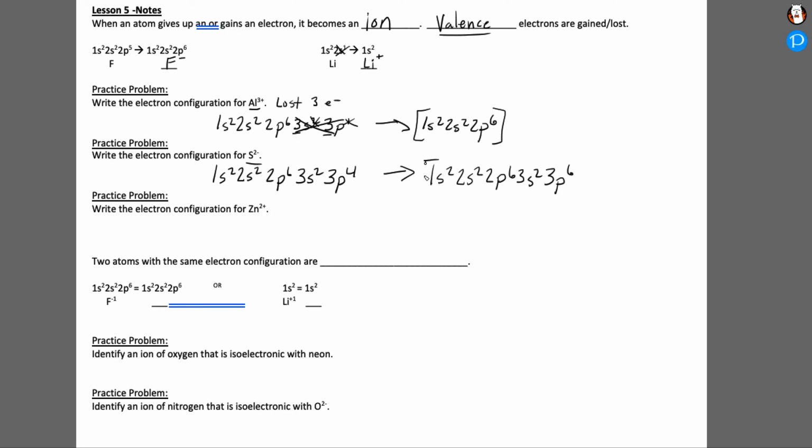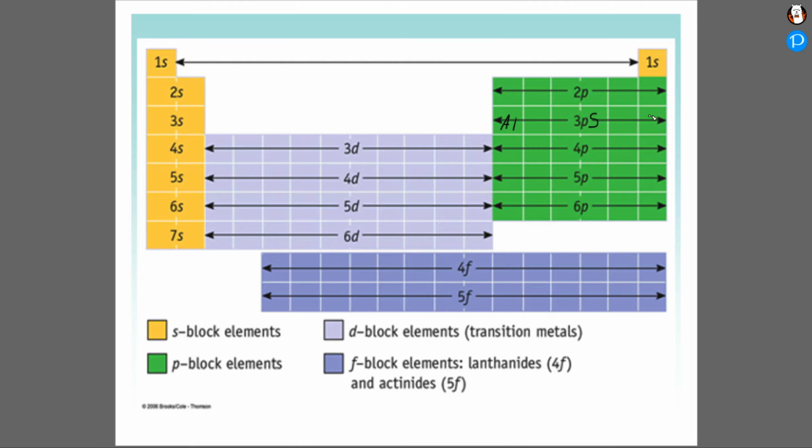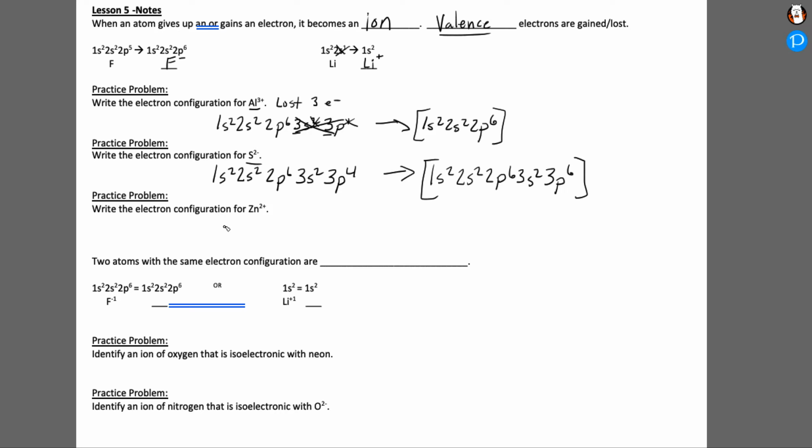And again, this electron configuration would be the same as, I can't remember what it was right here, argon, I believe, is right here. And just by adding those 2 valence electrons.